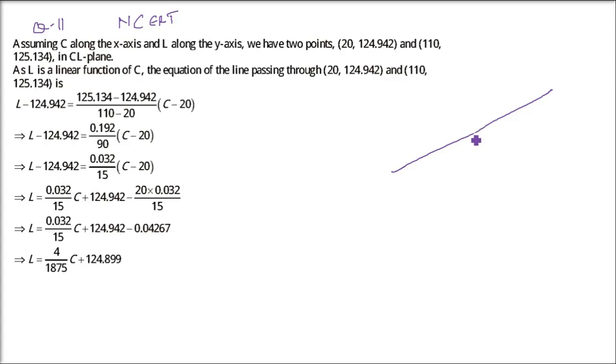If the temperature is 20, the length will be 124.942. So x coordinate is 20, y coordinate is 124.942. The other point is when C is 110, the length will be 125.134. These are 2 points.